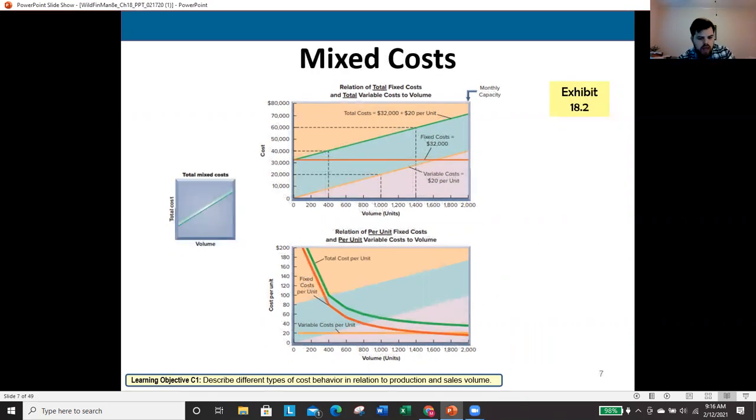Now, we're going to have to talk here about something that is called a mixed cost. So a mixed cost is something that has both fixed and variable components. So you might see something like a utility bill here. Is your utility bill going to change because of the amount of electricity you use? Yes, that piece is variable. But if you shut down your factory for the month and produce exactly nothing, you still probably owe something to the electric company.